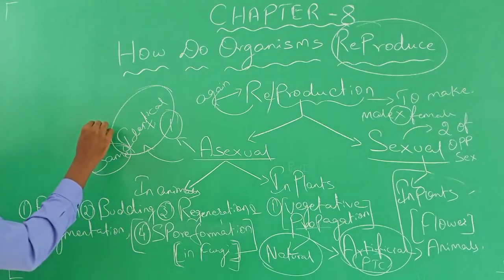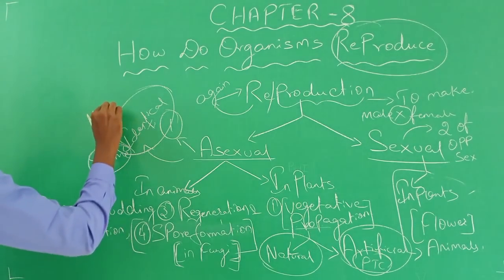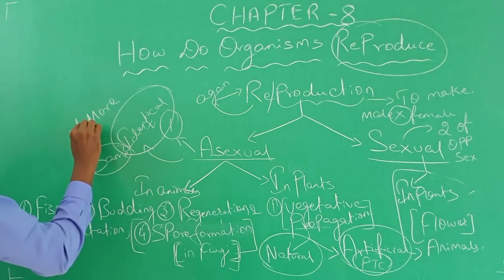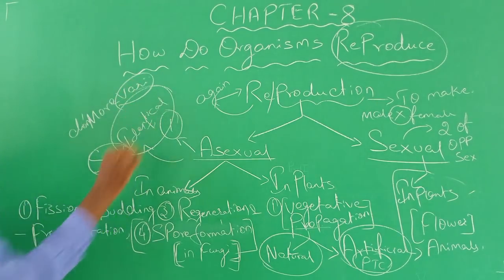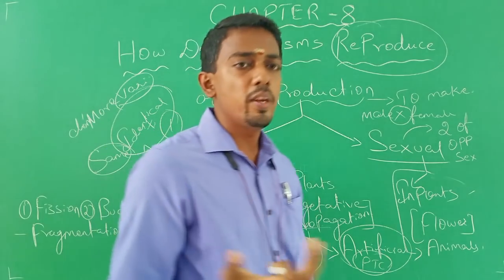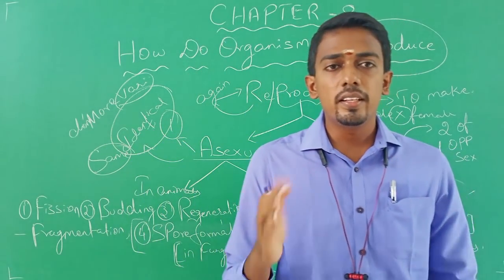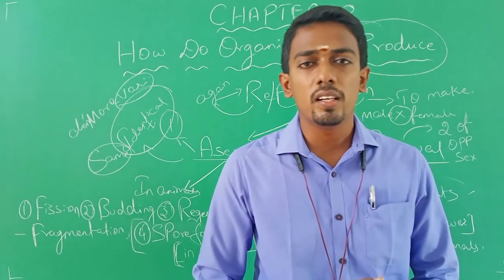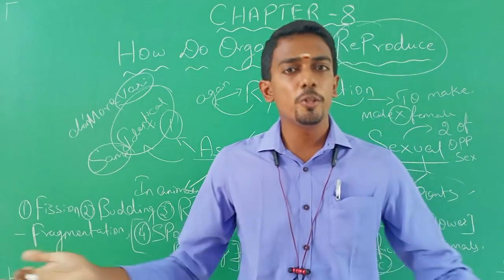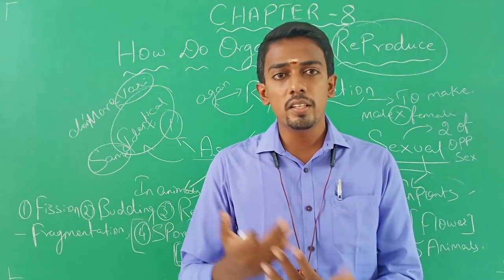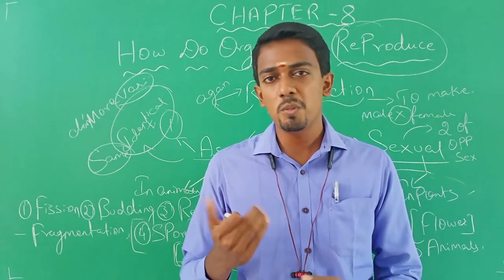So asexual reproduction brings offspring that are identical with each other, which means they don't have much variation. You know what is meant by variation? Vary, the difference. The degree of difference among organisms is the variation, isn't it? Say for example, we are all human beings, but we have a certain degree of variation.